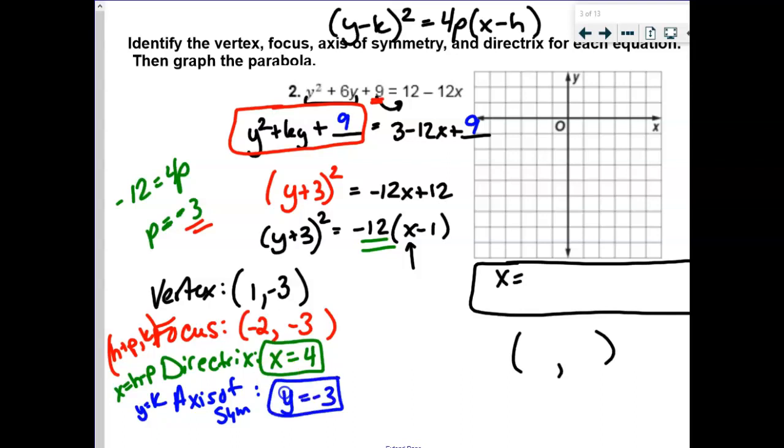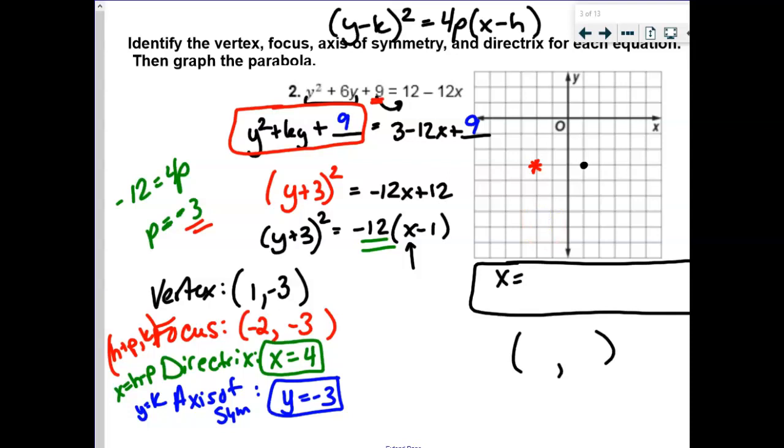Now, what I like about these, because there's a graphing component, if we were to mess something up, we're about to figure it out. So we have a vertex, we think, at (1, -3). You have a focus at (-2, -3). I got confused for a minute, but then I remembered it's horizontal.